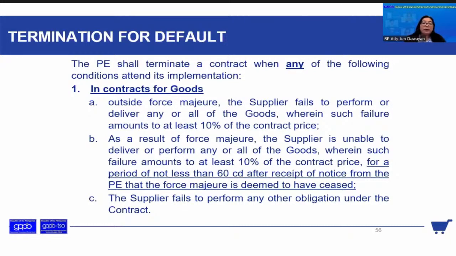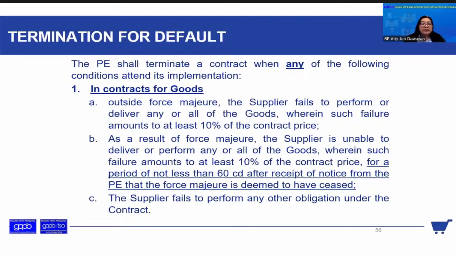So if the failure to perform consists of a non-delivery or non-performance of at least 10% of the contract price, then it is considered a possible ground for termination.